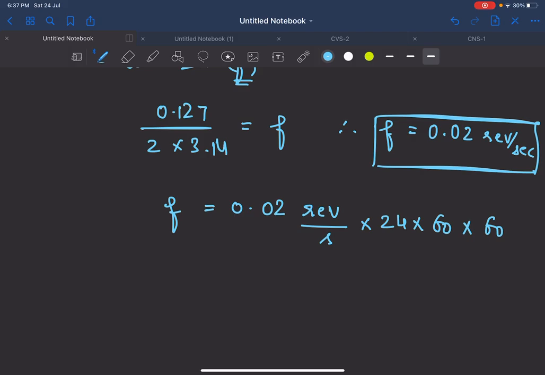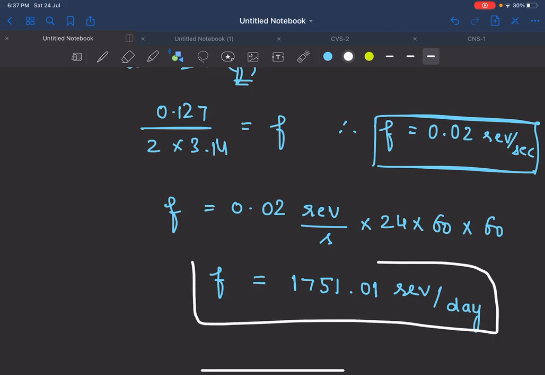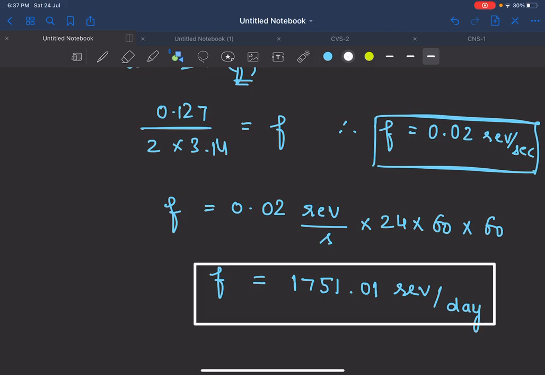So we'll multiply all of this and we'll come out to our final answer, 1751.01 revolutions per day. This is our final answer, guys.